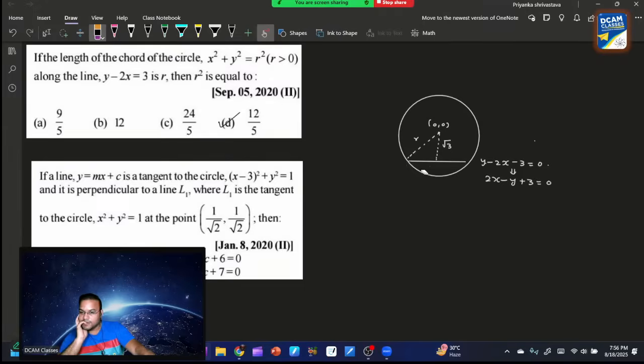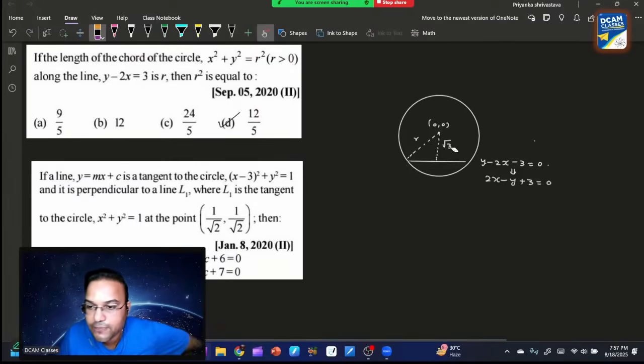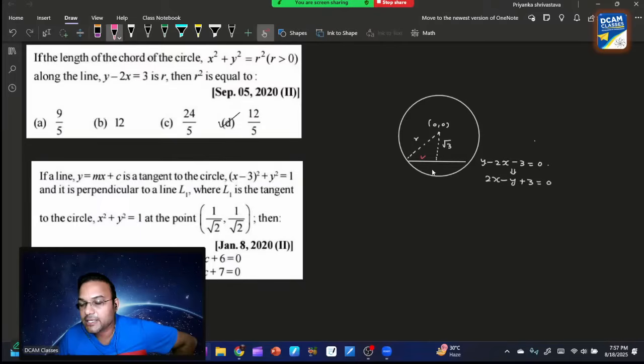There's something missing. You mean the previous question, not this question? This question. Previous one I'm telling. Because see, this root 3 I have found, this r I have found, this is a radius that we have to find. But what about this? How will you find this length?